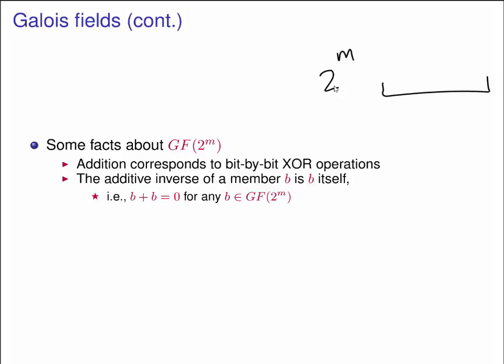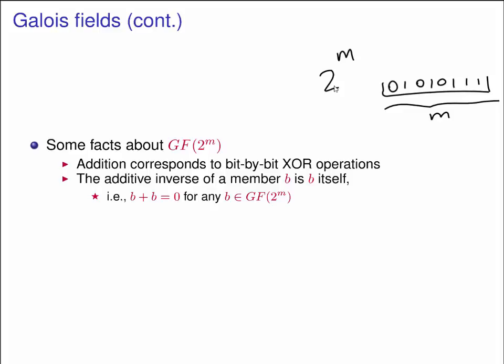So I can just represent each element in this field as a sequence of zeros and 1 of length m. So here are some of the facts about those fields with characteristic 2 that make them useful. First of all, if I represent each element as a binary vector in a certain way, then addition corresponds to bit by bit exclusive OR operation.